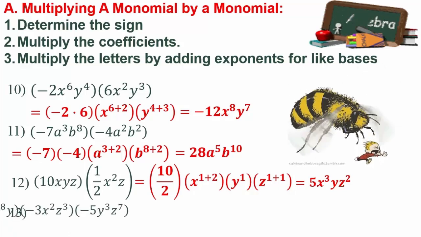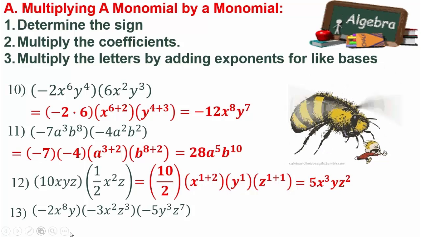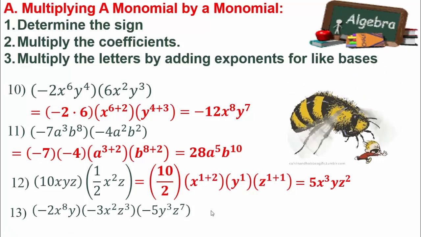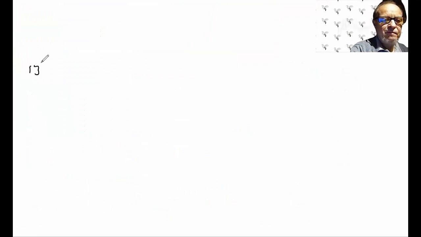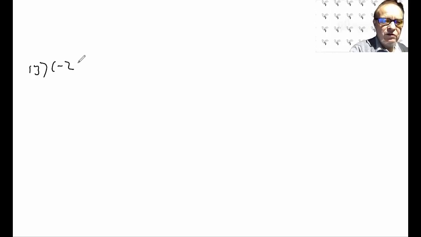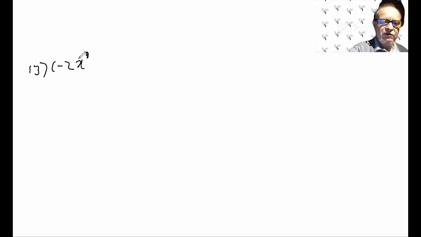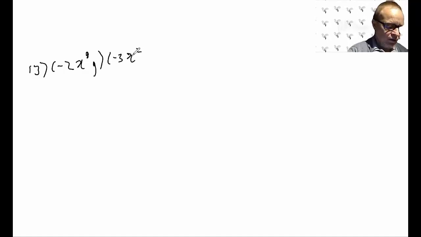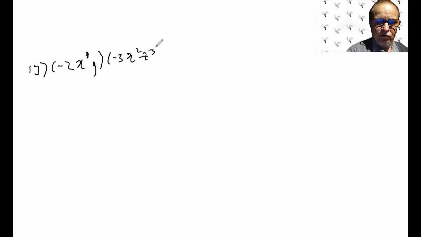In example number 13, well, we have now 3 monomials. So let's go over to the whiteboard and work this out in more detail. In number 13, we have negative 2x to the 8th y. We have negative 3x squared z to the third.